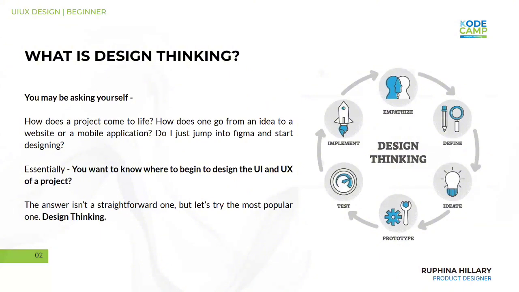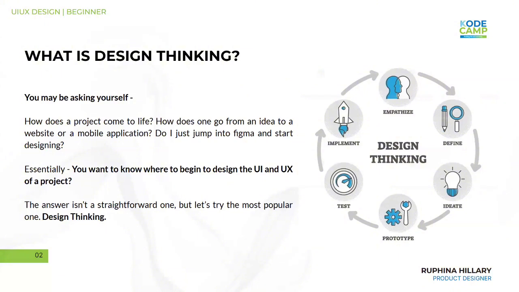First of all, I've already said this. How does a project come to life? How do we go from one idea to the Figma file? Did you just jump into Figma and start designing? This was someone's question last week. He wondered how an idea can come from their head and how do they produce it or reproduce it on Figma.